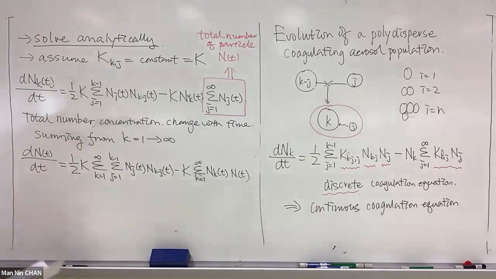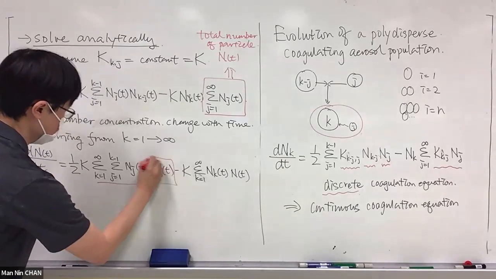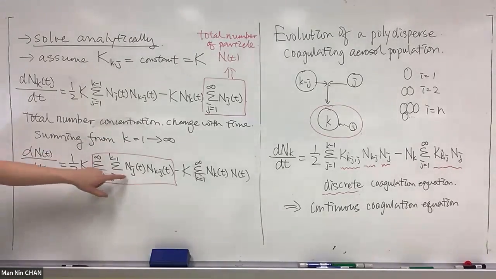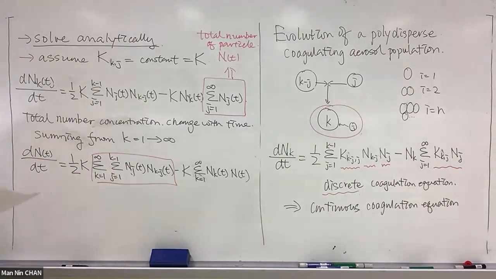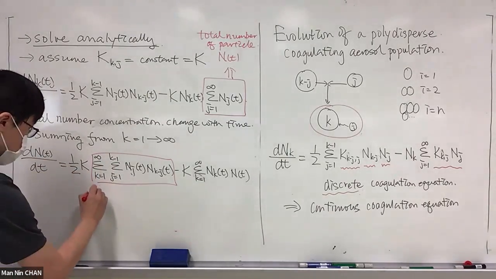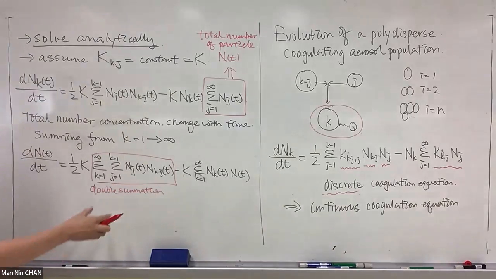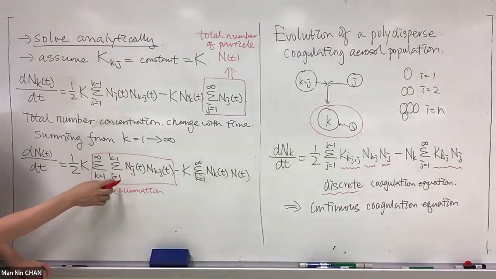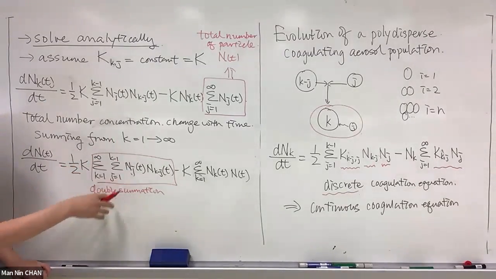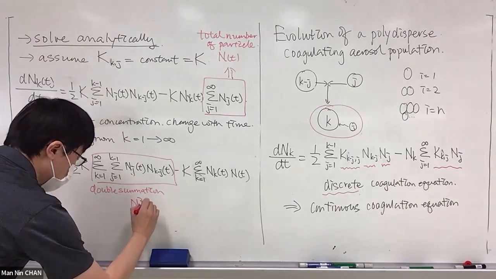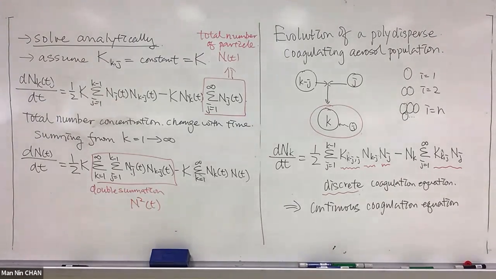Because now we are setting k from 1 to infinity, if you look at this summation here, you will find that this is what we call the double summation. Every time you sum from j equals 1 to k equals infinity, this will give you N_T squared.